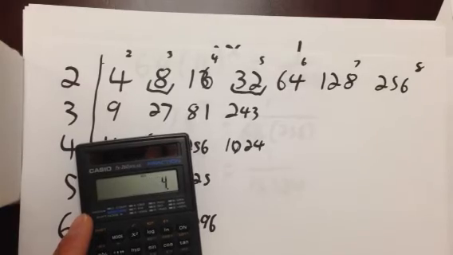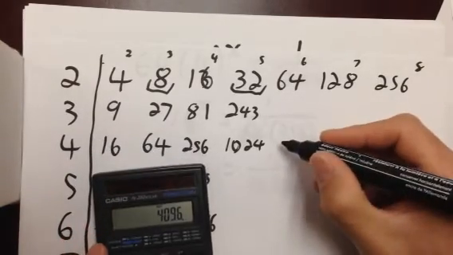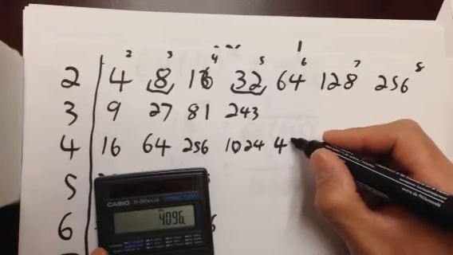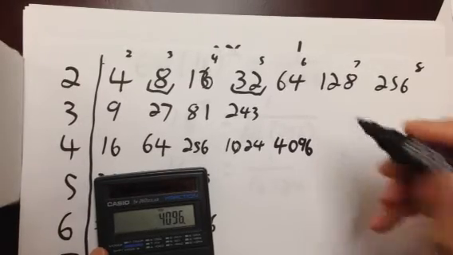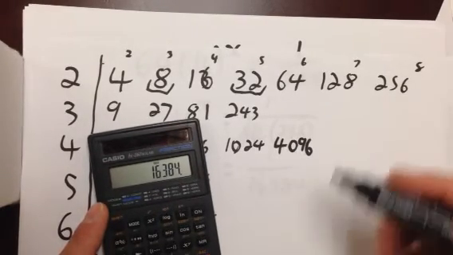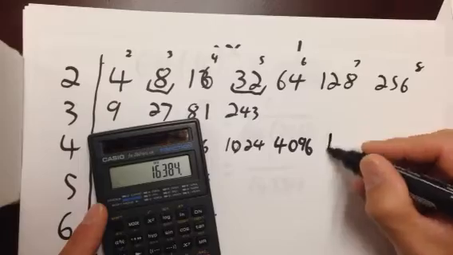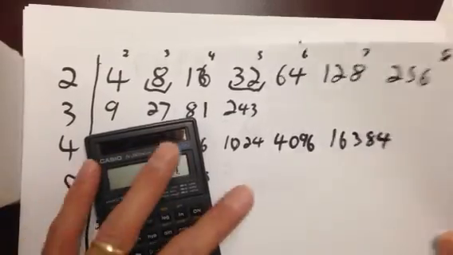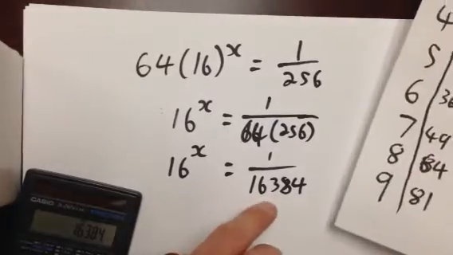and multiply it by 4. That gives me the next number here. This is 4,096. I'm then going to multiply 4,096 by 4, and now I have the 16,384. And that's the number I was looking for here.